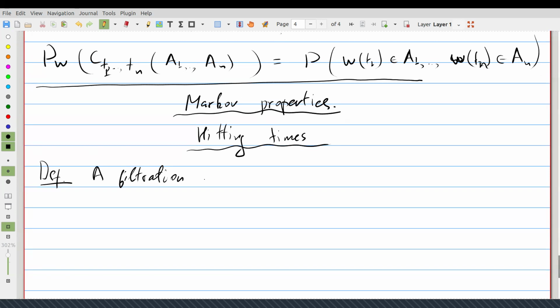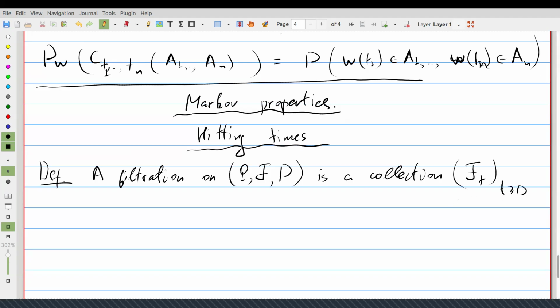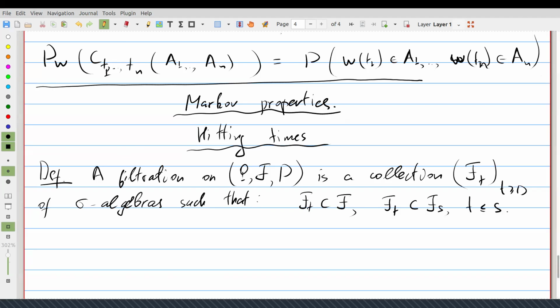A filtration on some probability space, in most cases our C with Borel and the Wiener measure, is a collection F t, where I will assume t ranges from 0 to plus infinity, of sigma algebras, such that they all live in the original sigma algebra, and F t is contained in F s if t is less than s.